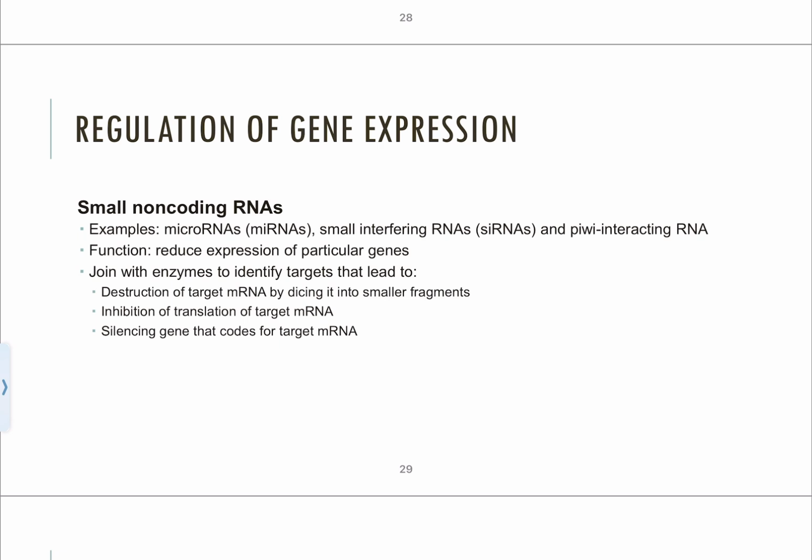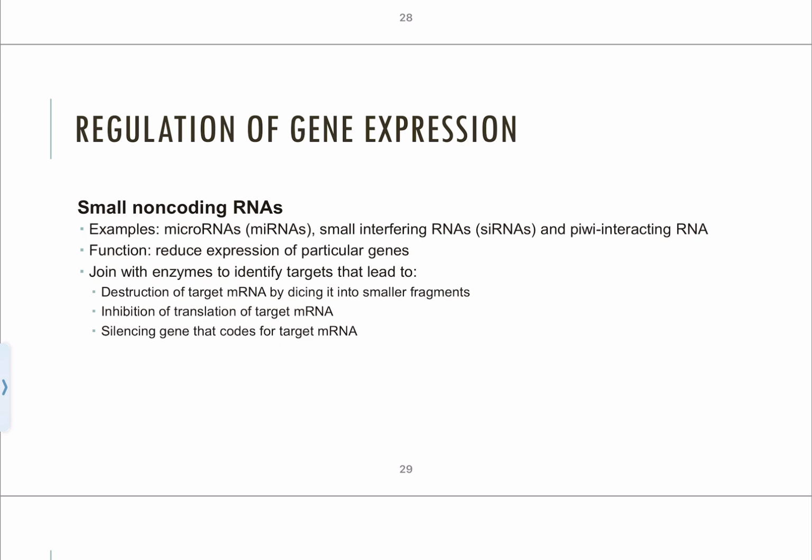The first thing we're going to talk about are small non-coding RNAs. Some examples are microRNAs, small interfering RNAs, and what we call piwi-interacting RNAs. The role of these small non-coding RNAs is to reduce the expression of some genes. They join with enzymes to identify targets and form RNA-enzyme complexes.